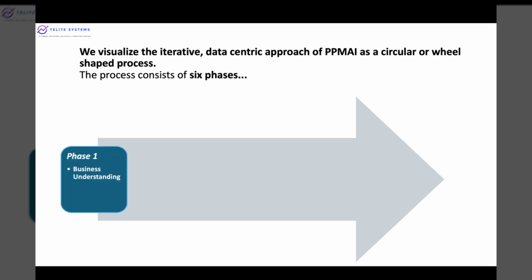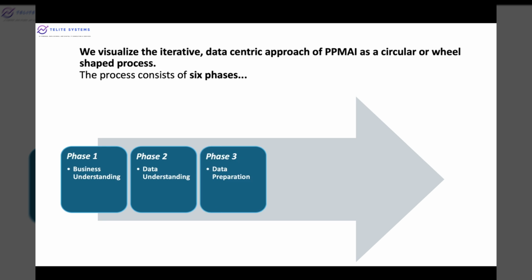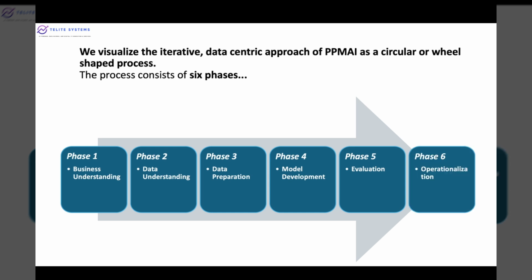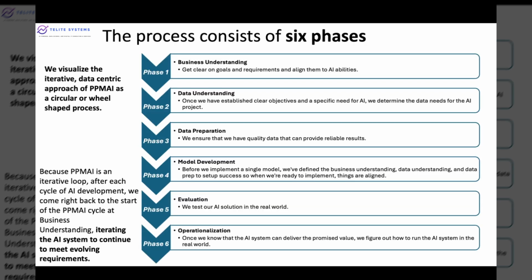Phase one, business understanding. Phase two, data understanding. Phase three, data preparation. Phase four, model development. Phase five, evaluation. And phase six, operationalization. I will be going into detail about these phases one by one.